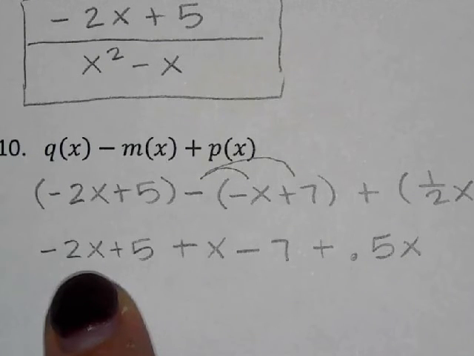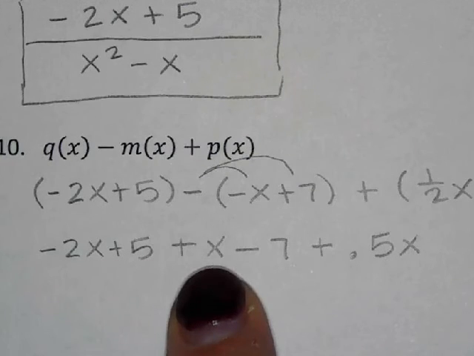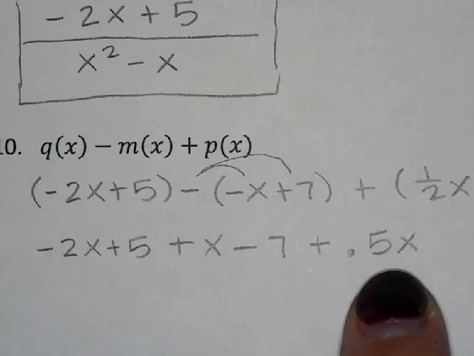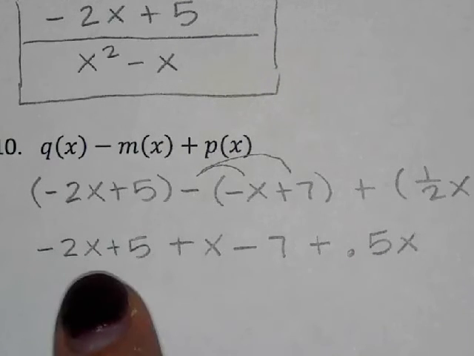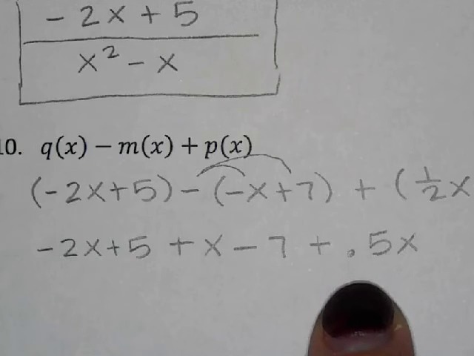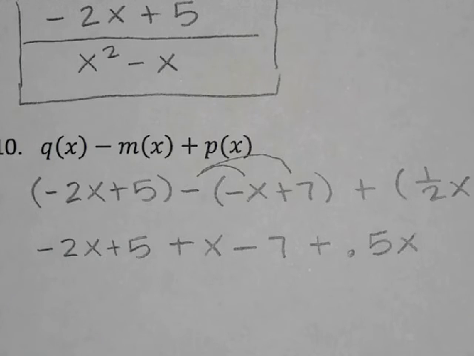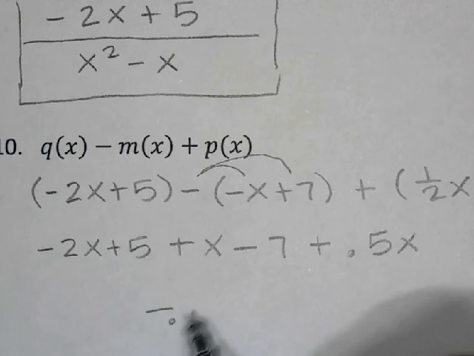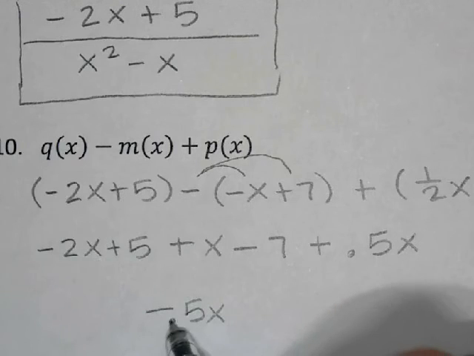Negative 2, 1, and 0.5. So what would that be? It'd be what? You're very close. It'd be negative 0.5. Yep, because the negative was bigger. So negative 0.5x, okay? And then what else would we have? Minus 2, yeah.